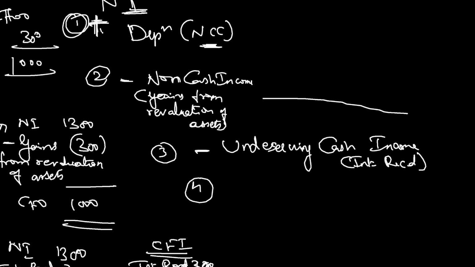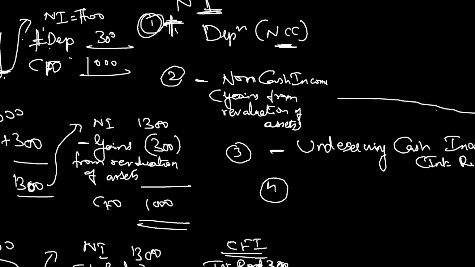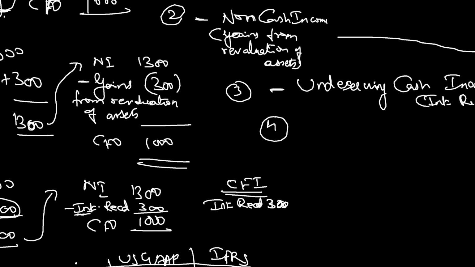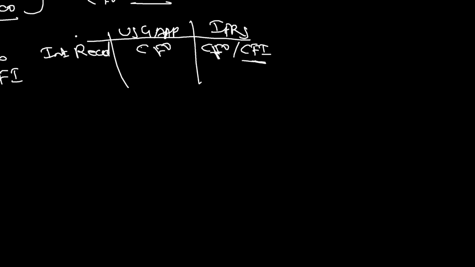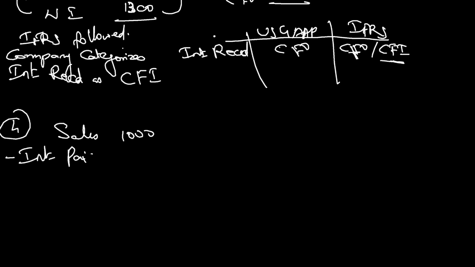I'm supposed to minus undeserving cash income. Similarly, fourth one, let's say sales 1000. Now in this case, imagine interest paid 300. So 700 is your net income.